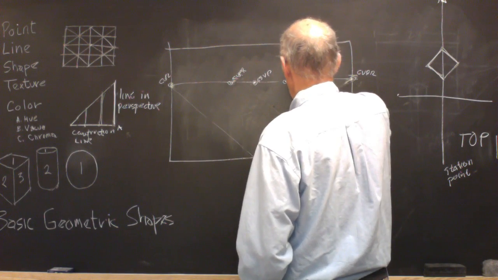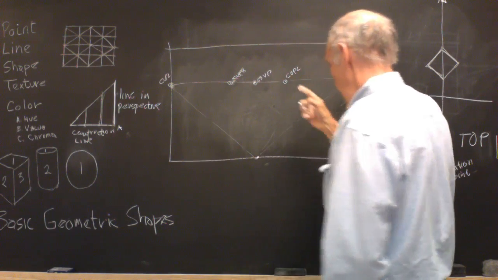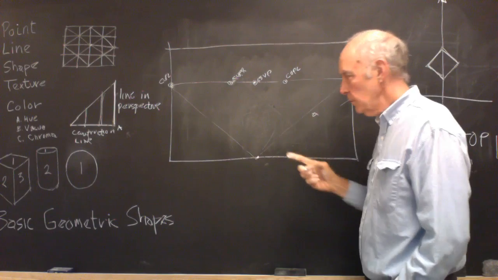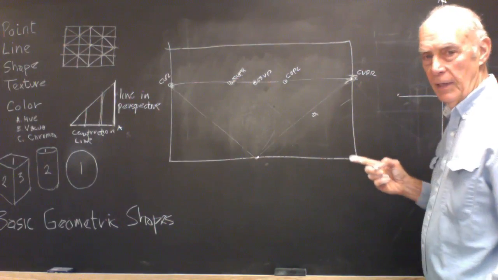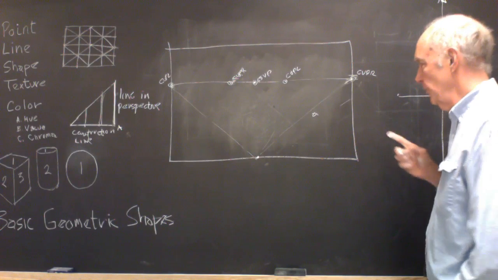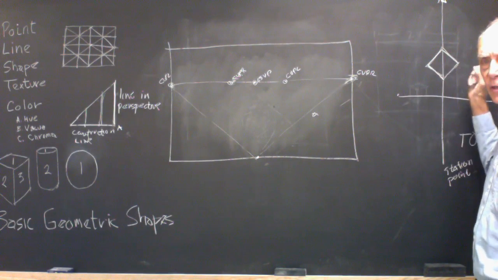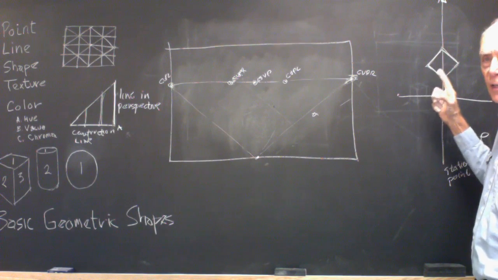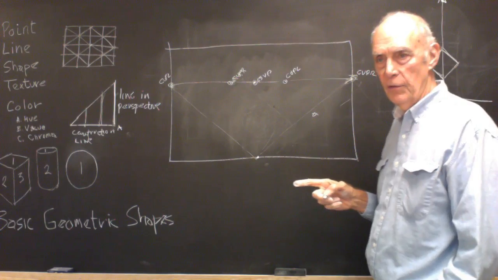This is construction vanishing point left. What I'm doing is getting ready to use the fact that I could show you the geometry over here, but it would just confuse you. Just do this because it works. I'm going to be drawing a perfect cube.